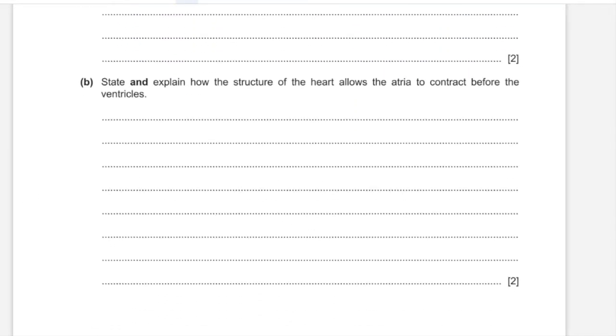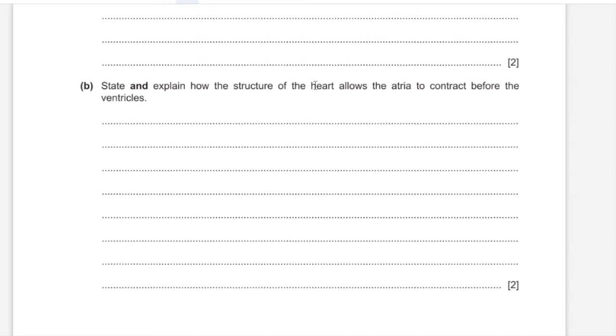B. State and explain how the structure of the heart allows the atria to contract before the ventricles. There is a gap between the excitation wave spreading in the atrial walls and the excitation wave spreading in the walls of the ventricles, due to a band of non-conducting fibers that does not allow impulse conduction from atria to ventricles.